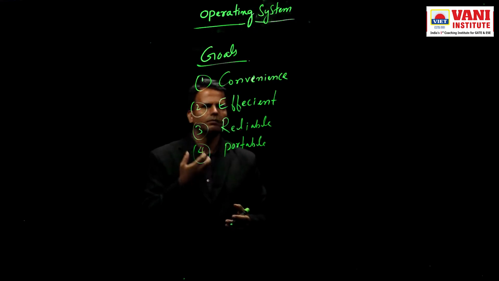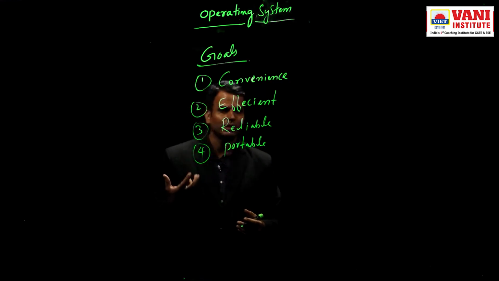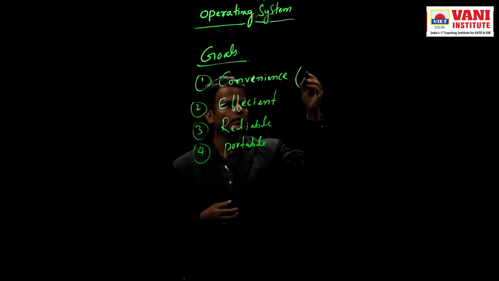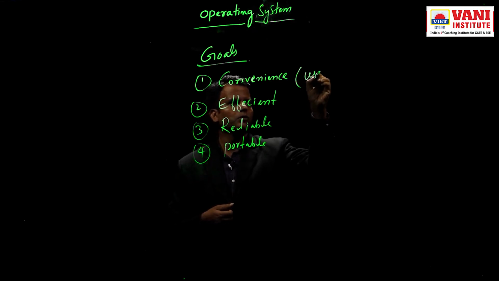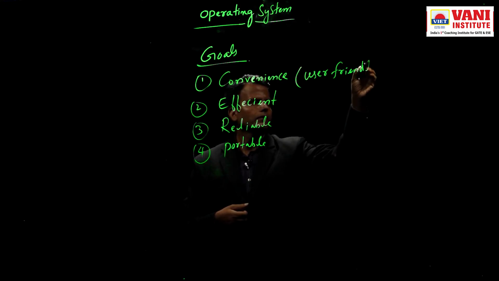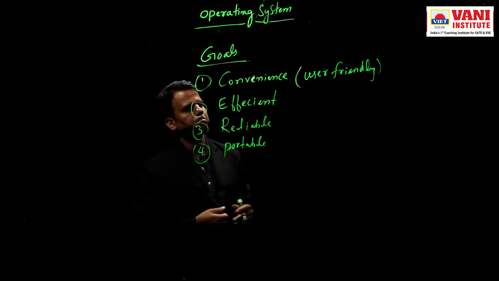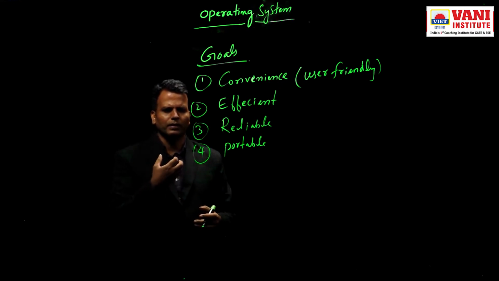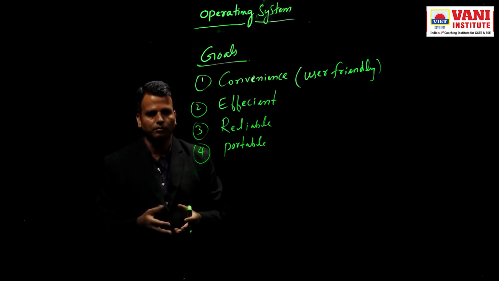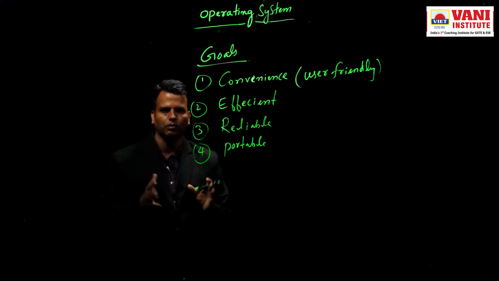Let's see the meaning of convenience. The general term we use for convenience is user friendly. You need to design an operating system which is user friendly. If the user is not free with your system, then everything is over, boss.